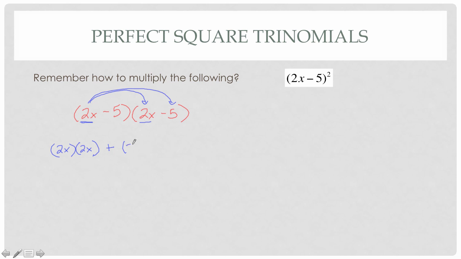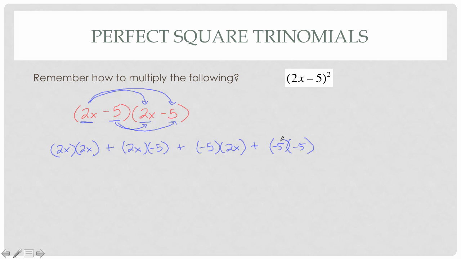So we've got plus 2x times negative 5. Now we move to the other term here. This negative 5 term multiplies the 2x. So we've got plus negative 5 times 2x. And finally, the negative 5 multiplies that negative 5 to make plus negative 5 times negative 5. There we go. That's the distributive property.